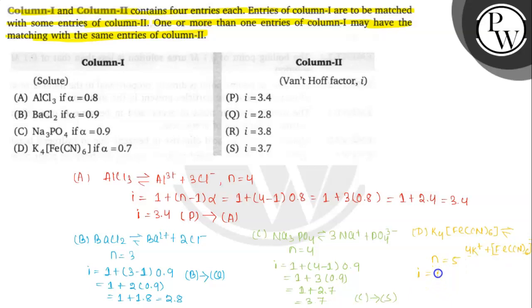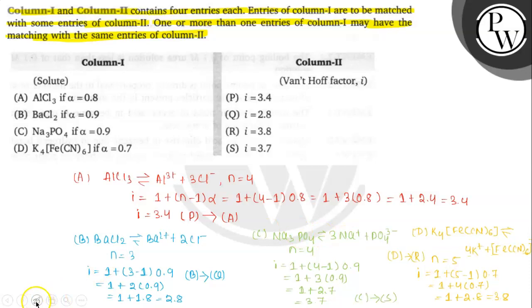So if you put the formula of i, it is 1 plus (5 minus 1) into 0.7, which is equal to 1 plus 4 into 0.7, and that equals 1 plus 2.8, that is 3.8. So D is matched with R.